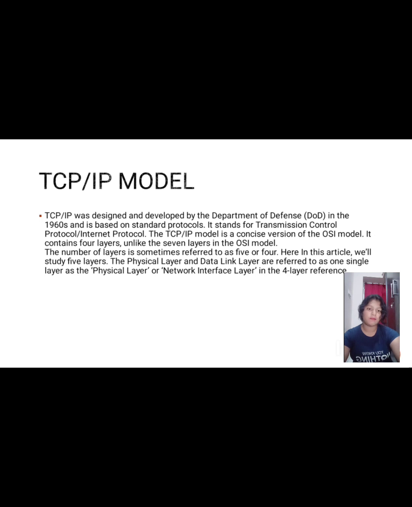It contains 4 layers, unlike the 7 layers in the OSI model. The number of layers is sometimes referred to as 5 or 4. Here in the article, we study 5 layers: the physical layer and the data link layer are referred to as one single layer, the physical layer or network interface layer, in the 4 layer model.